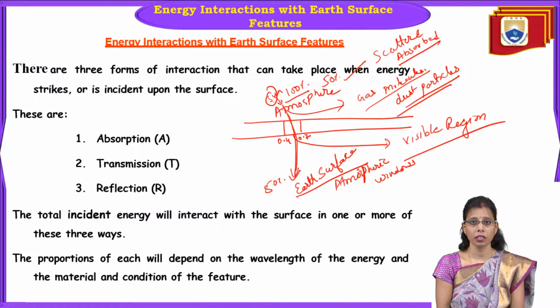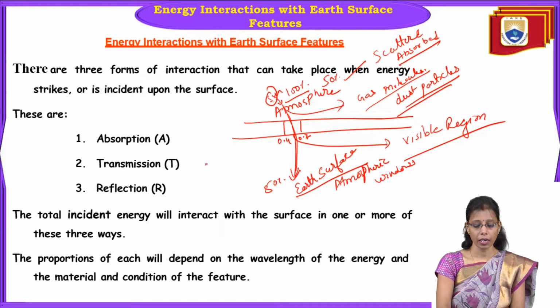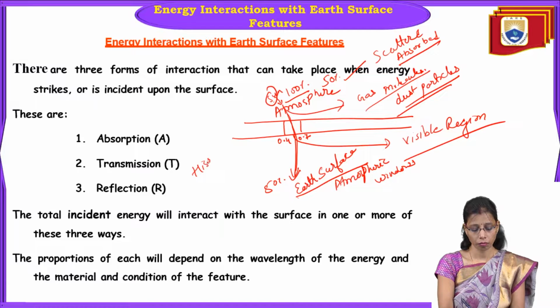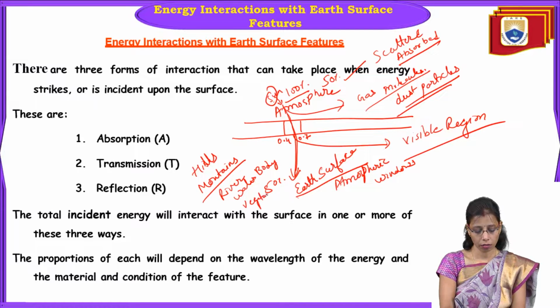When it reaches the Earth's surface, it has to interact with different kinds of objects and features present on the Earth's surface, like physical features: hills, mountains, rivers or water bodies, vegetation, settlements.